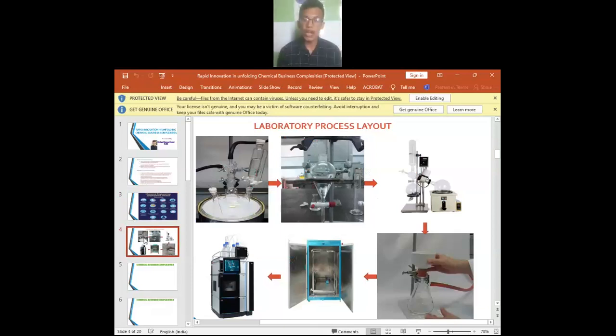Laboratory process layout is presented here to get a better understanding of the concept. The reaction is carried out in a reaction vessel. The reaction vessel may range from round bottom flask in case of laboratories to reactors in case of production plant. The reactants are introduced into the reaction vessel.